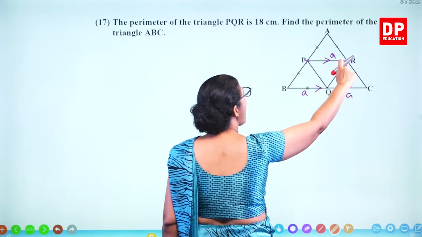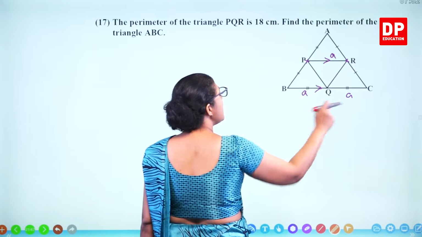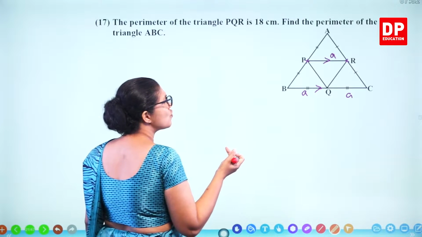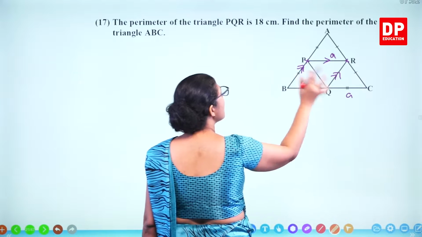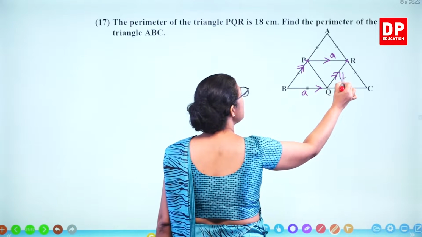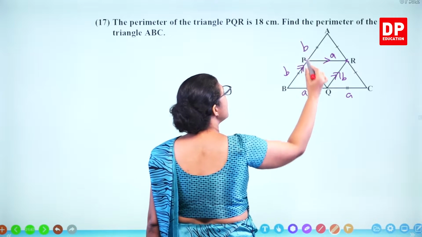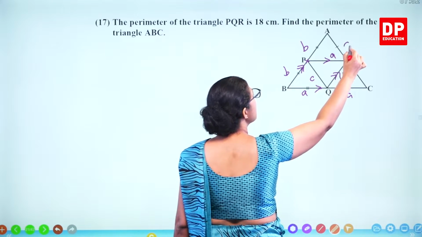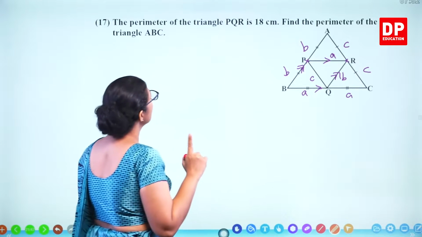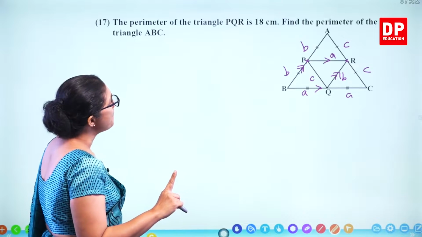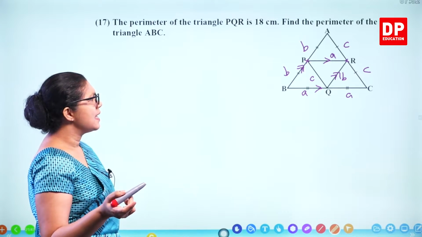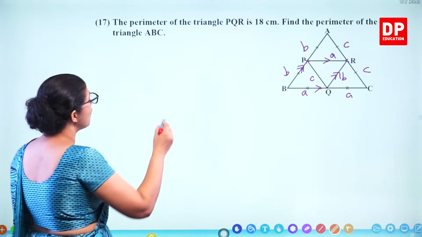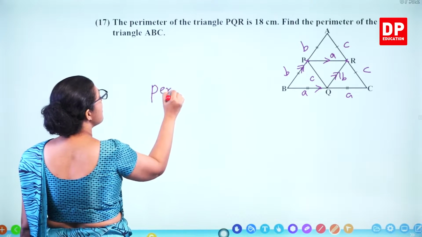So R is the midpoint of AC, Q is the midpoint of BC. So this line is parallel to this one. So likewise you can say this is B, this becomes 2B. If this is C, this becomes 2C. So the PQR perimeter is A plus B plus C. But what's the perimeter of ABC?